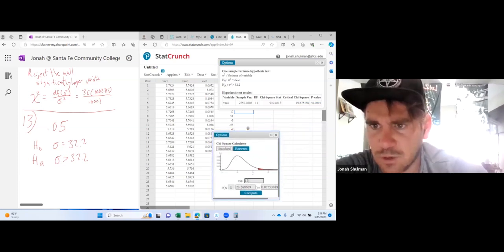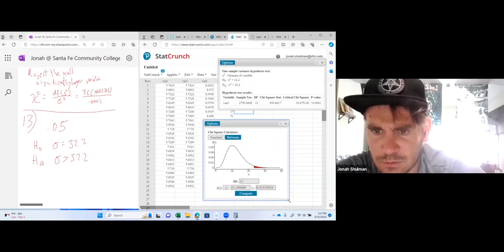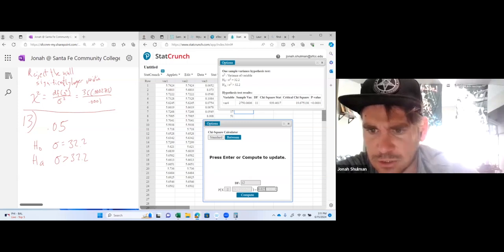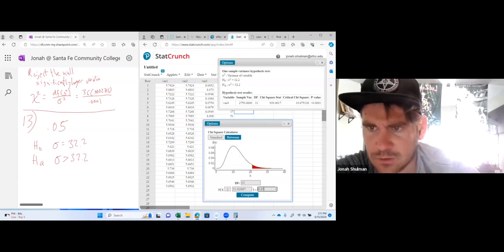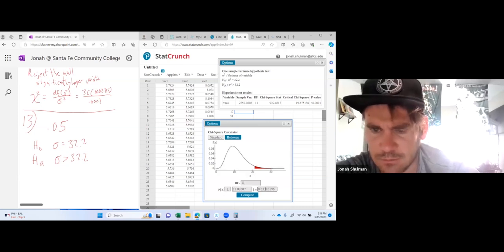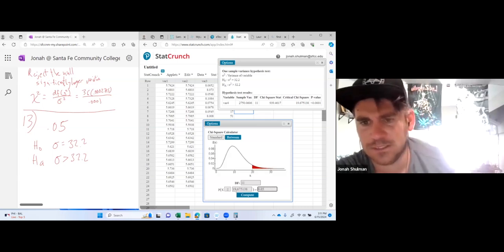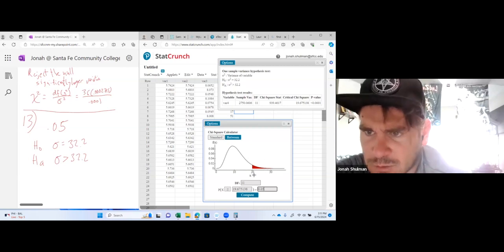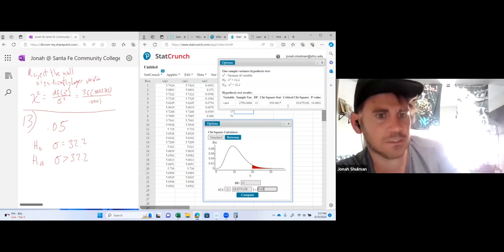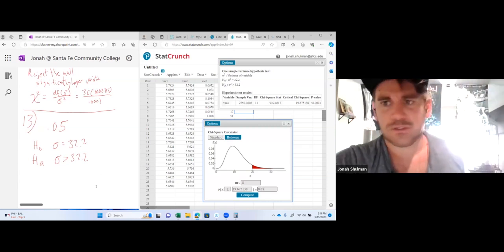Degrees of freedom is one less, so that's why it's 11. So that's where this 19.67 comes from. Our actual statistic is all the way over here at 930 something. So this is super significantly different. So really think about it, see where it comes from. Those are all the answers I should check.